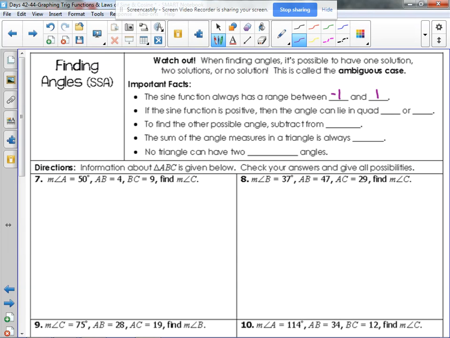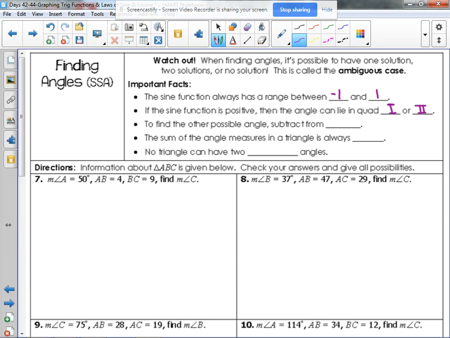Okay? If the sine function is positive, then the angle can lie in quadrant 1 or 2. So that's where we have more than one possibility sometimes.